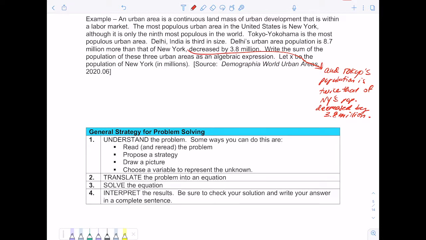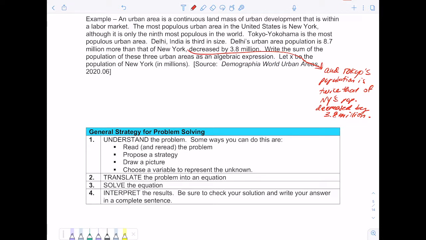So it says an urban area is a continuous landmass of urban development that is within a labor market. The most populous urban area in the United States is New York, although it is only the 9th most populous in the world. Tokyo, Yokohama is the most populous urban area. Delhi, India is 3rd in size.